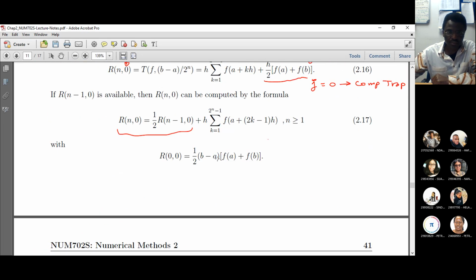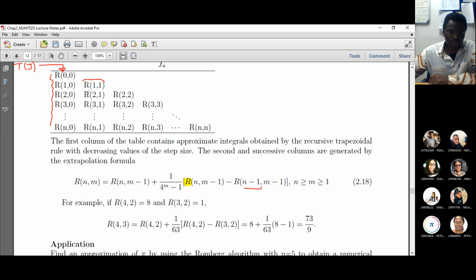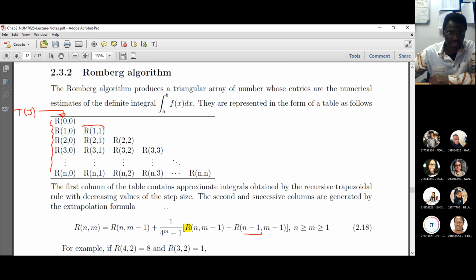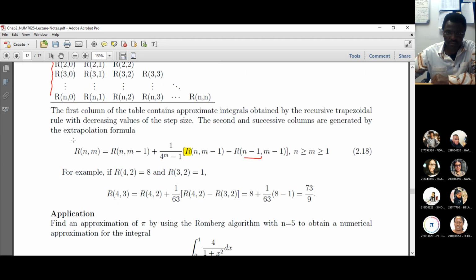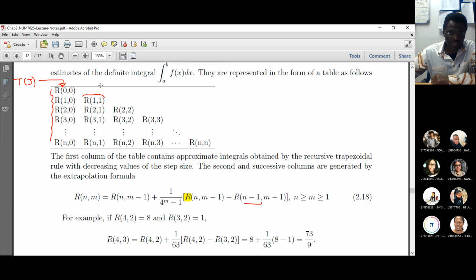All right, so that's how we will compute the remaining columns using the Romberg or the Richardson extrapolation technique. To get the entries of the next column in terms of the entries of the previous column, remember, to get an entry here, I will use the entry in the previous column, in the current row, and the row above, or the previous row. That's exactly what we are doing here.